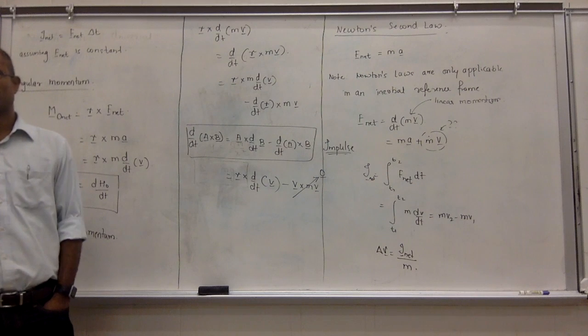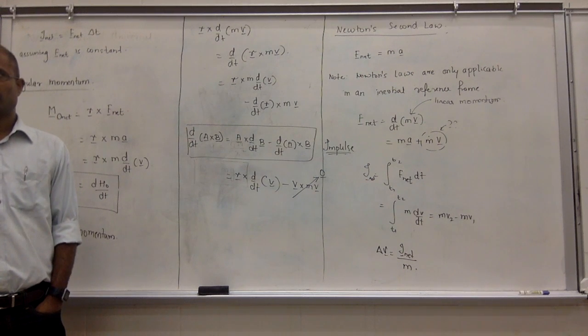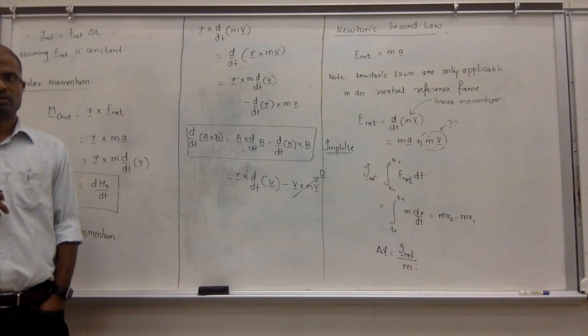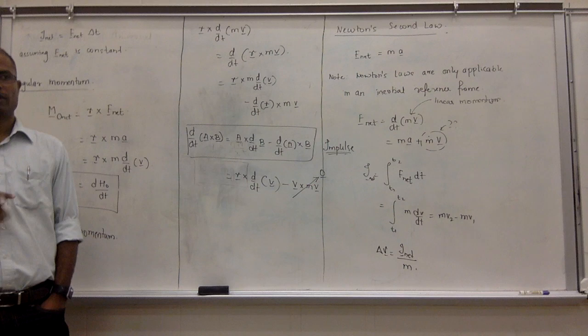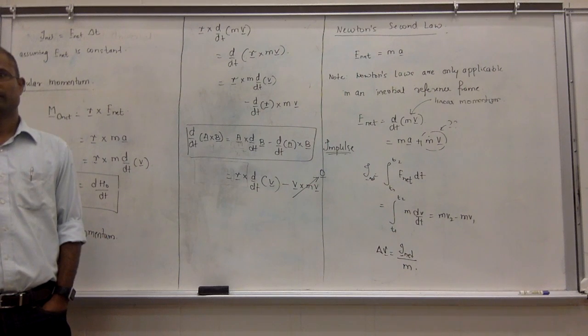A vector crossed with itself is 0 because of how the cross product is defined. How do you define the cross product? The determinant. Right, but you have a sine theta in there.